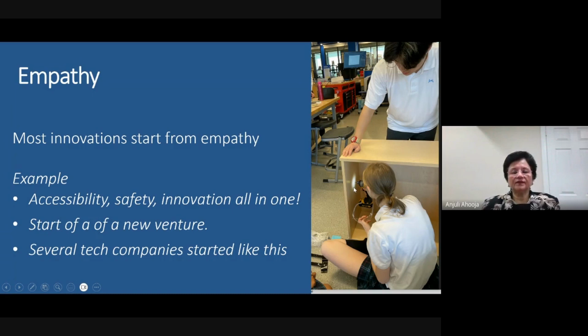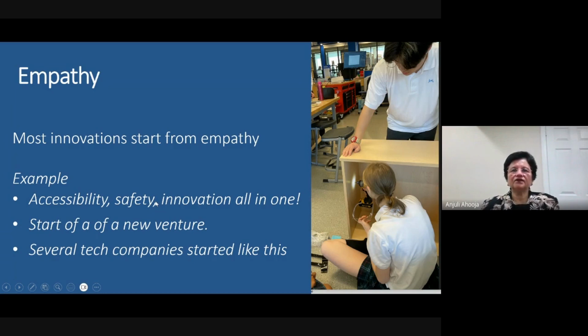But from our side, as a teacher, I was very impressed because in this one, they thought about the accessibility for their mother or anybody else who's in the same situation. The safety, because if something like this is built, it will be safer for his mother to access things.